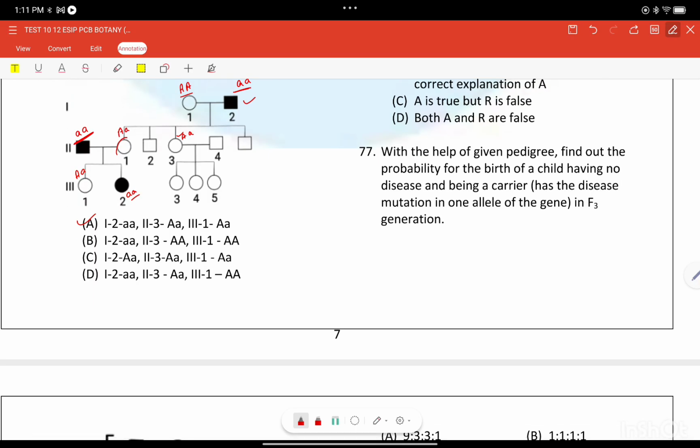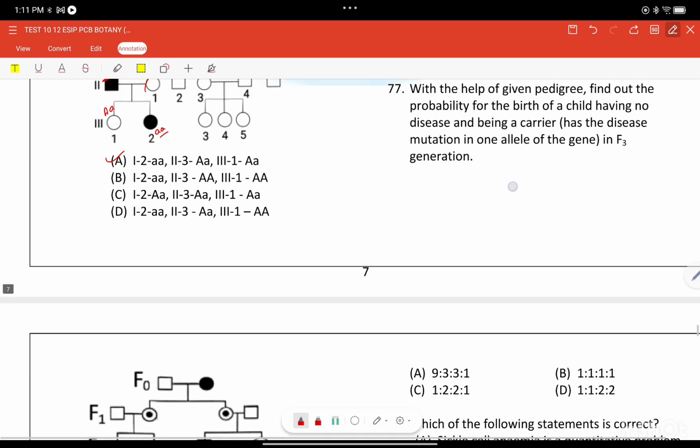With the help of the given pedigree, find out the probability of a child being born with no disease and being a carrier, that is, having the disease mutation in one allele of the gene, in the F3 generation.